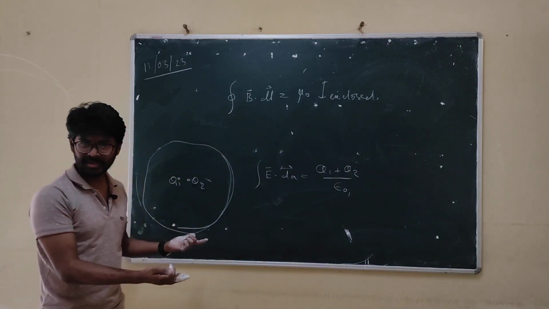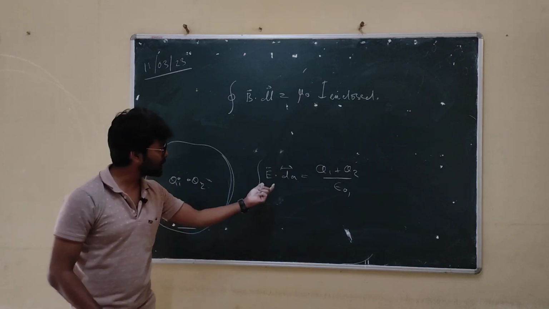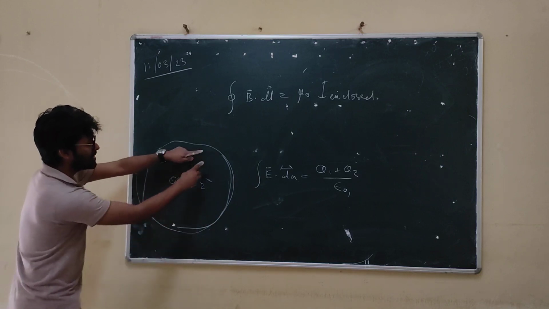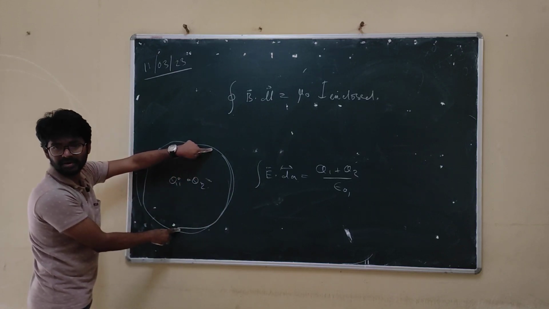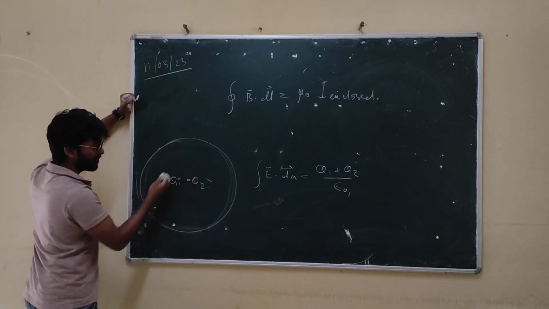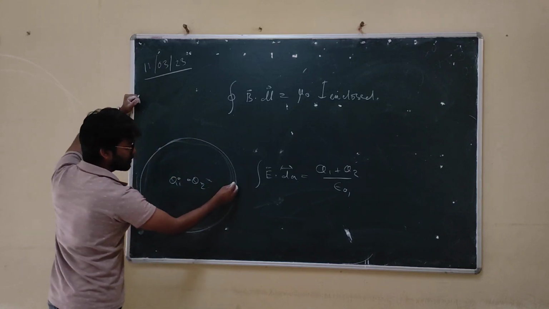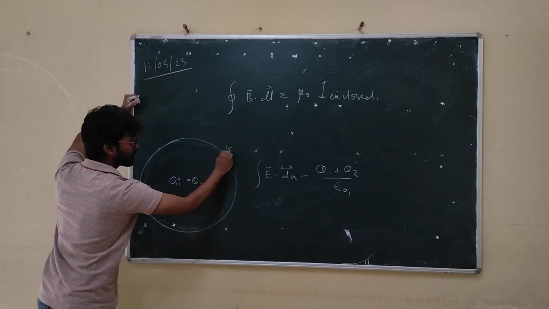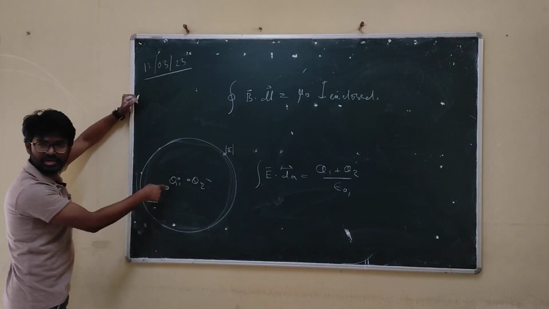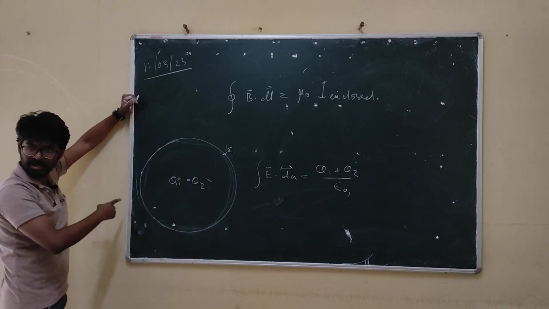That is true. But it's useless, because now you cannot take E outside. If you take a sphere, the magnitude of E here will be different from here. It's not symmetric. This surface is not symmetric.